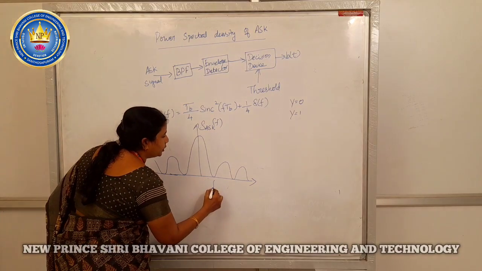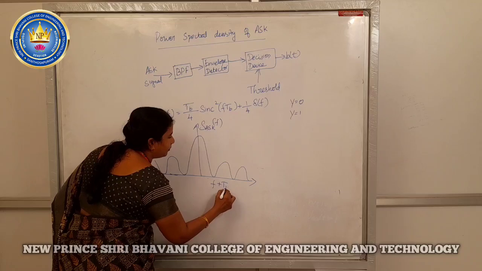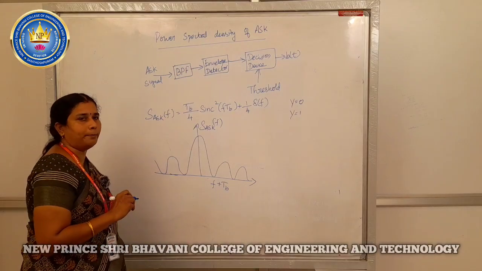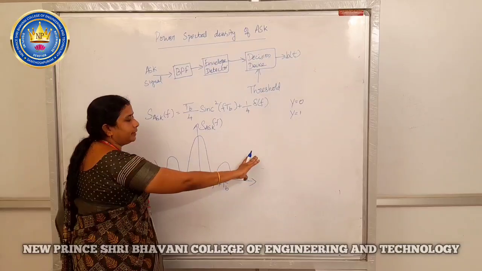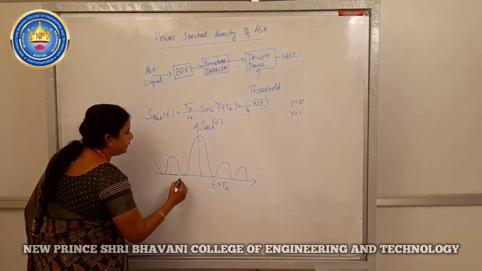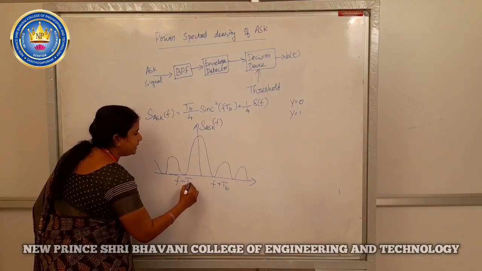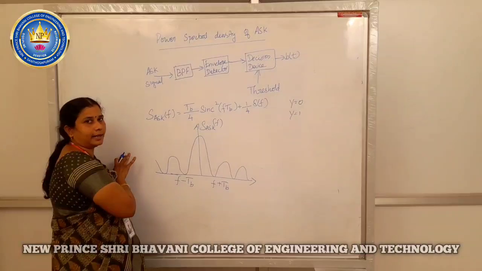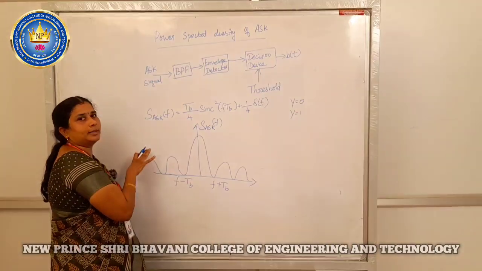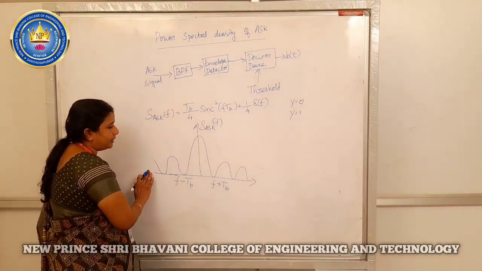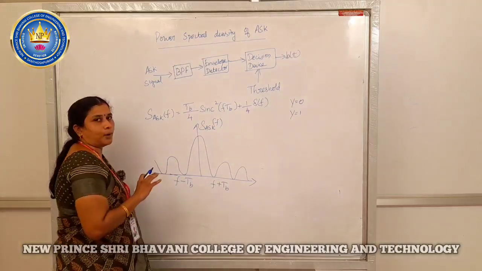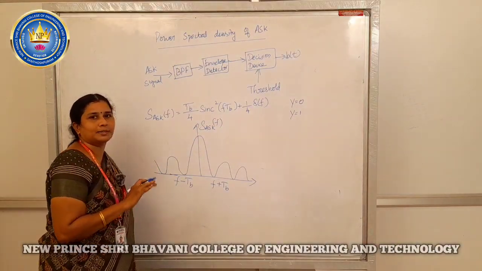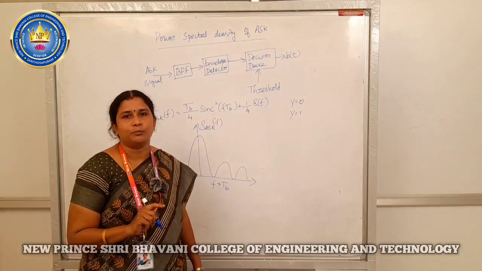This value is always f plus Tb, meaning your bit time rate, and this value is represented in the positive region. In case your f value is f minus Tb, it will be represented in the negative region. The negative region is always represented as binary 0, and the positive value is represented as binary 1.